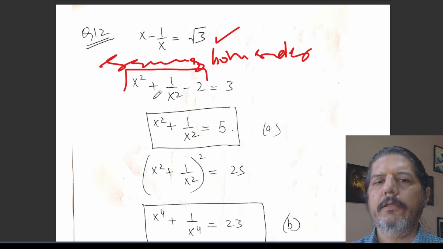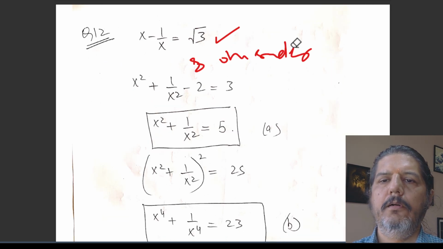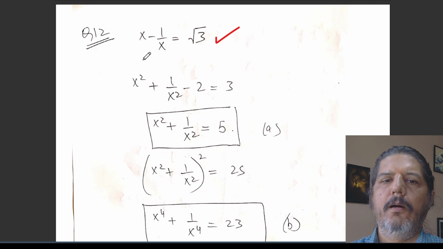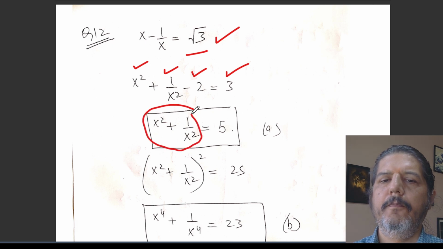Squaring both sides, x square plus 1 upon x square minus 2 would be equal to root 3 square, which is equal to 3. So the value of x square plus 1 upon x square would be 3 plus 2, which is equal to 5.